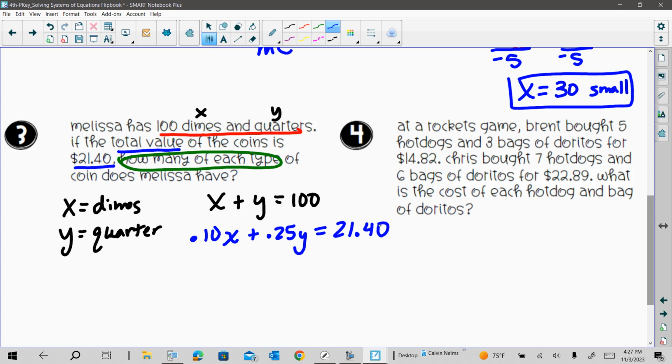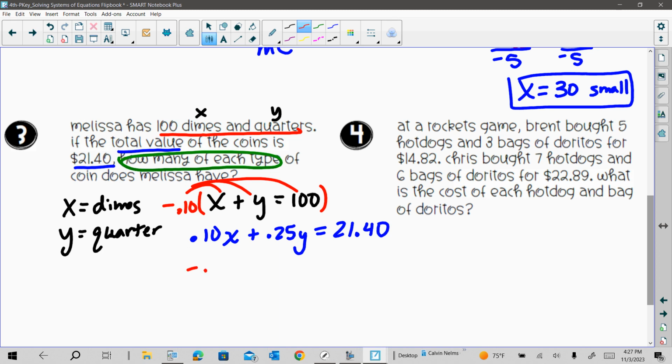All right, so since we're going to find the value of each, we just want to eliminate the smallest one first. So I would do my dimes here. And to make this an opposite, we're going to multiply by negative 0.10, to each term. So I'm just going to rewrite it underneath this equation.